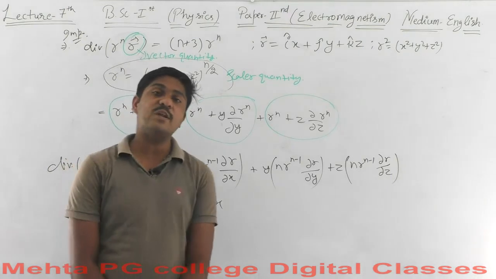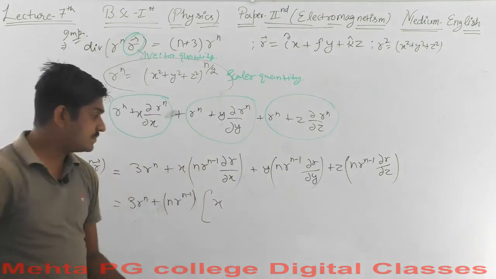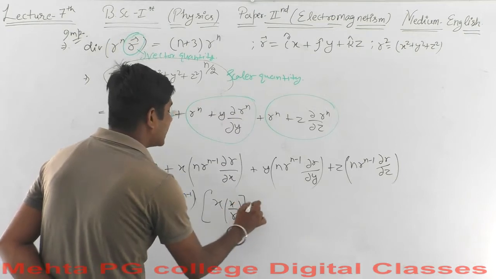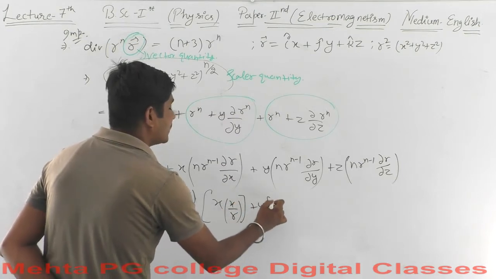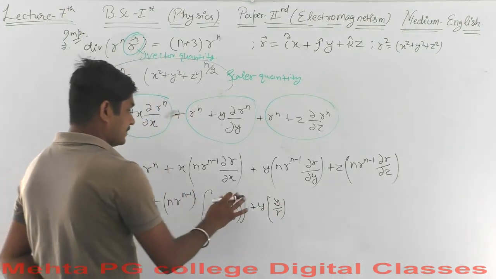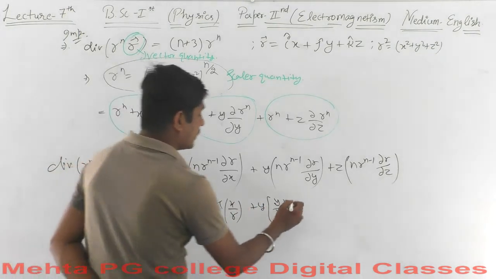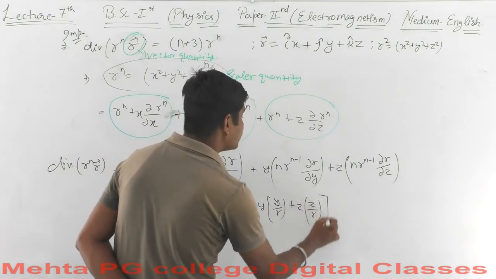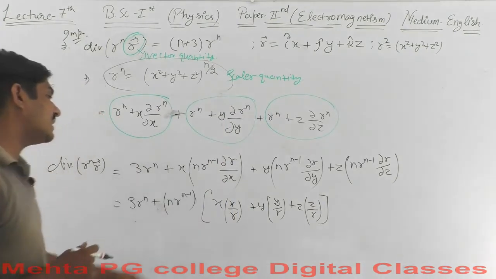If you remember, the value is x over r. The value here is x over r plus y, the value here is y over r, plus z, the value is z over r. So these are the values here.